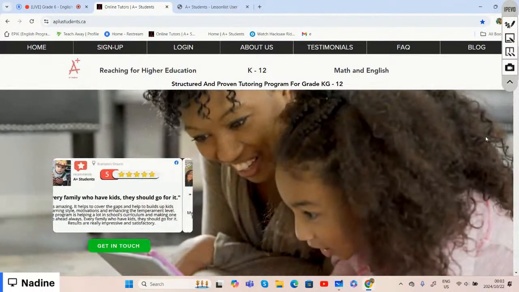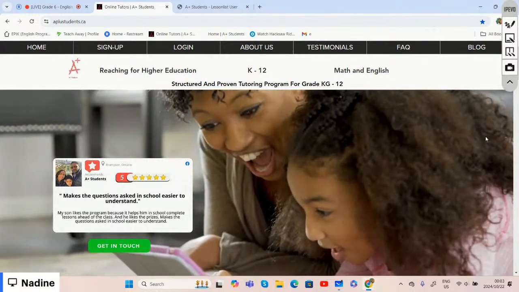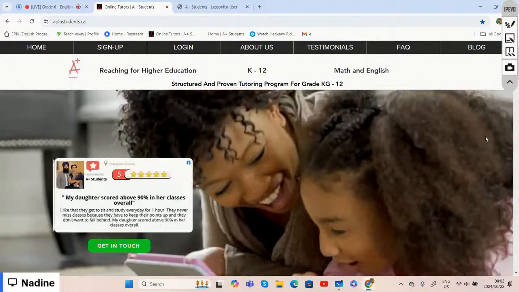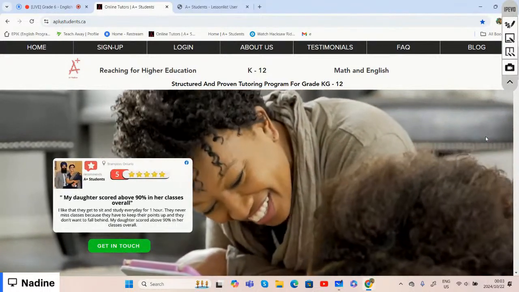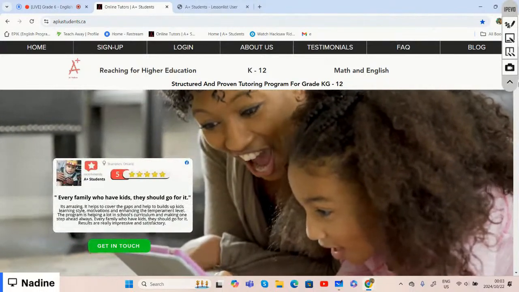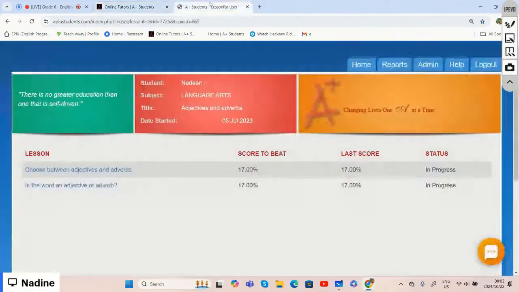We're doing grade 6. Then we're going to scroll down until we get to our chapter of adjectives and adverbs.